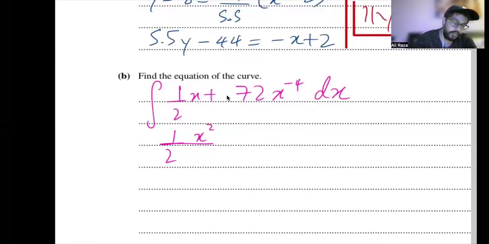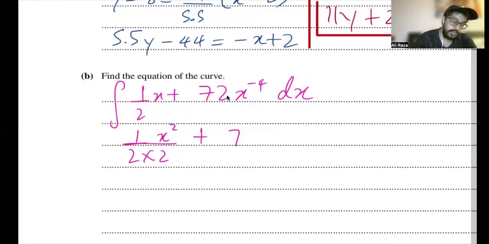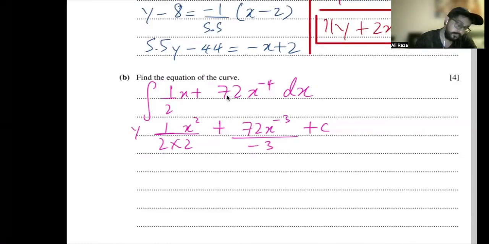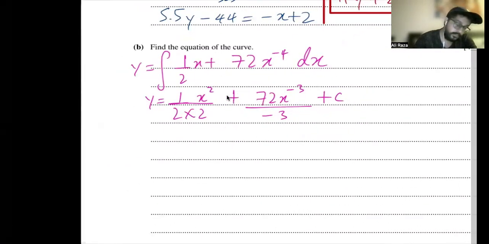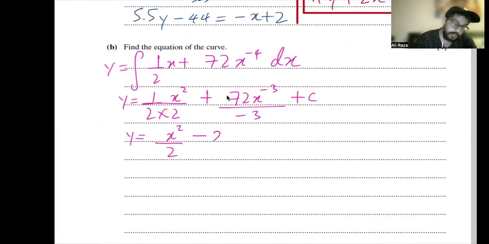X squared upon 2 plus 72 x to the power minus 3 divided by minus 3, and a plus c. Y comes out to be x squared upon 4 minus 24 upon x cubed plus c.